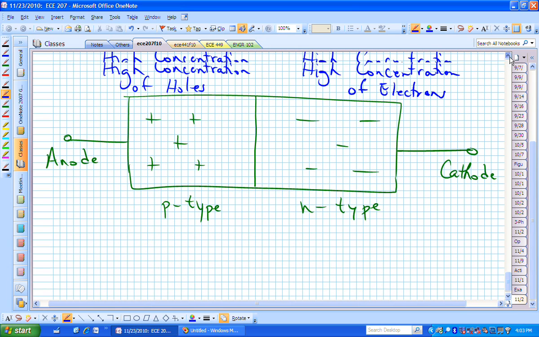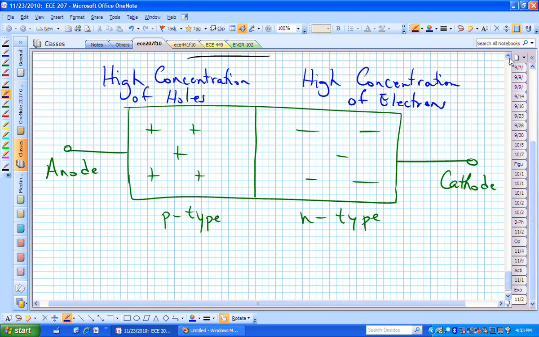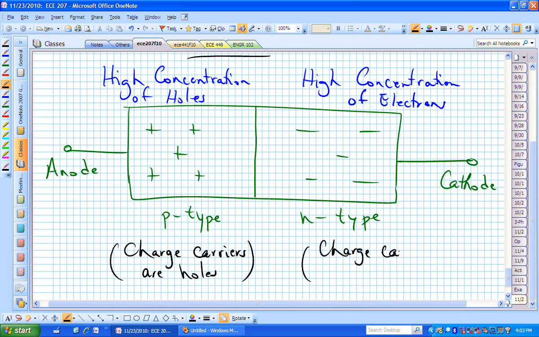And if we were asked what's going to carry the charge on the left-hand side, we would say, well, we have extra P-type material or extra holes. The holes must be carrying the charge over here. And you might hear that referred to as the charge carriers are holes. And over here, in the N-type, we have our charge carriers being the electrons.